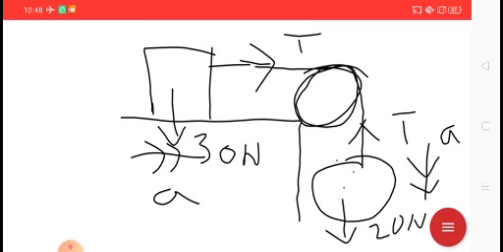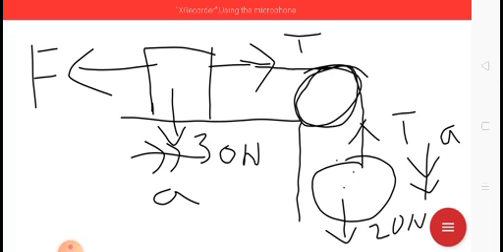Don't forget the question says to find the tension in the string. The pulley is smooth, but the table is not smooth. You have a friction F here, and a normal contact force here. This is the pulley system.